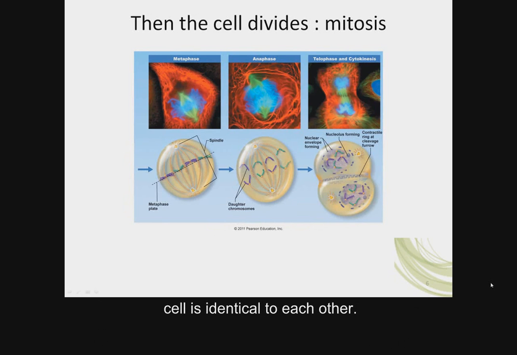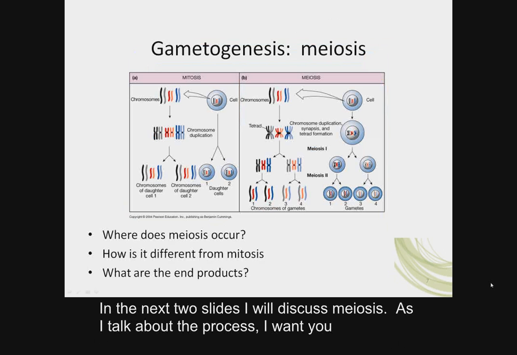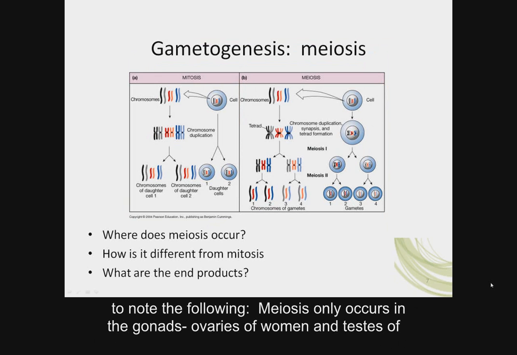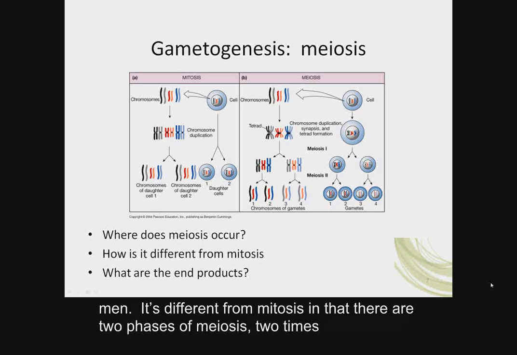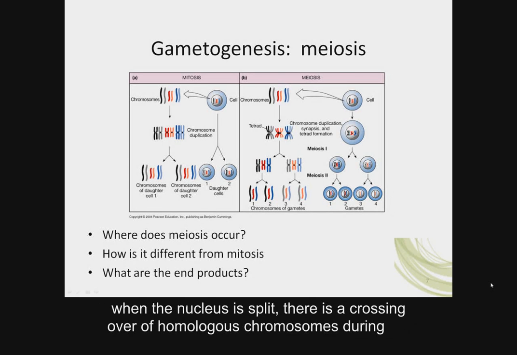In the next two slides, I will discuss meiosis. As I talk about the process, I want you to note the following. Meiosis only occurs in the gonads, ovaries of women, and testes of men. It's different from mitosis in that there are two phases of meiosis, 2 times when the nucleus is split.